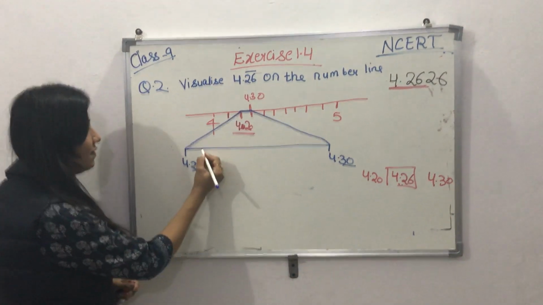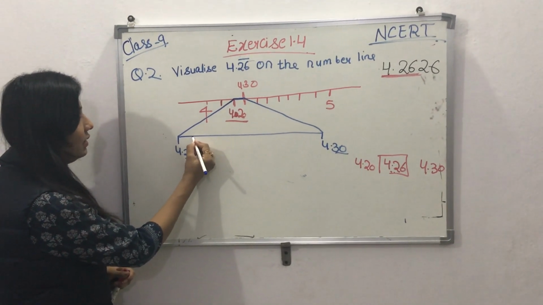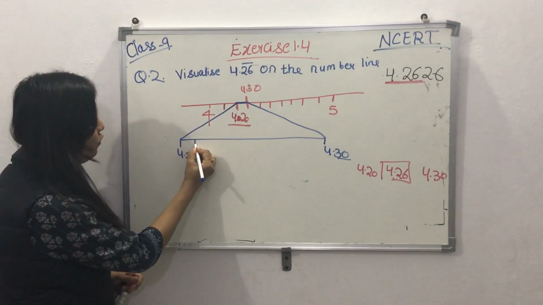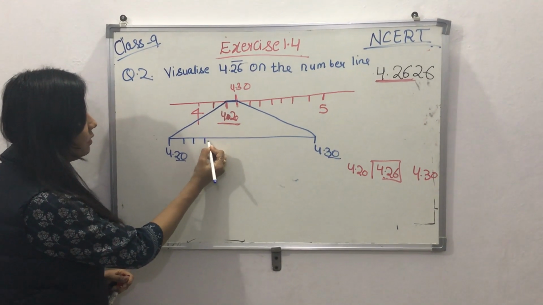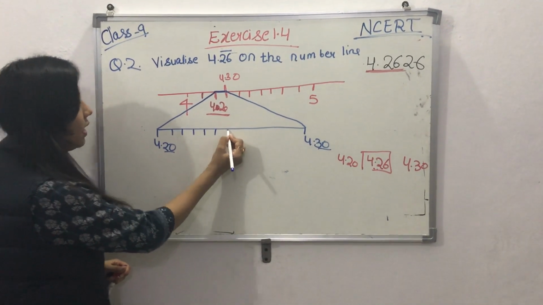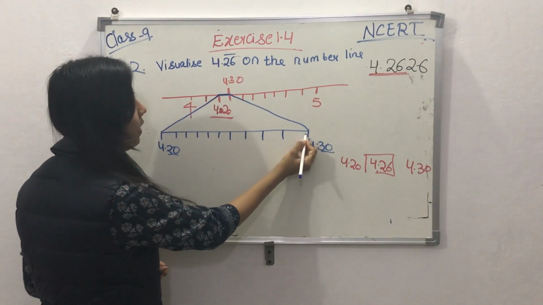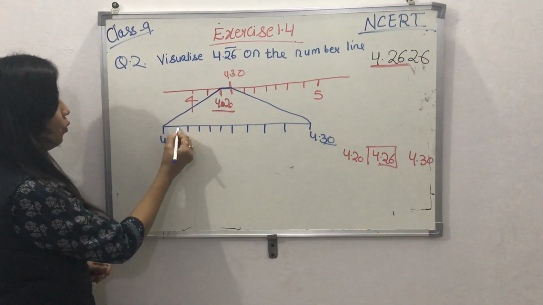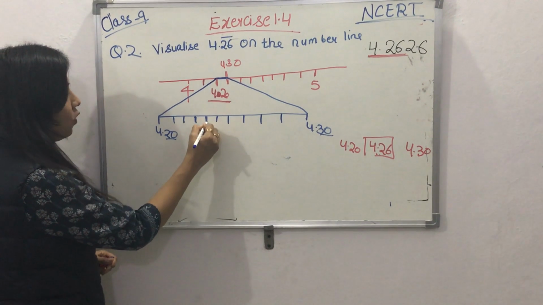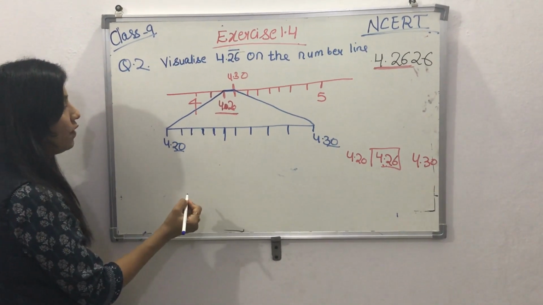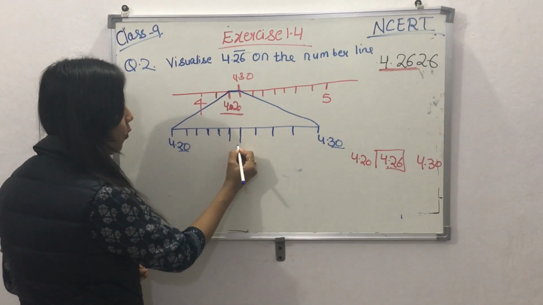Let's divide this line again into 10 equal parts. So first part, second part, third part, fourth, fifth, sixth, seventh, eighth, ninth and 10th part. So 1, 2, 3, 4, 5. This is 4.25 and this is your 4.26.